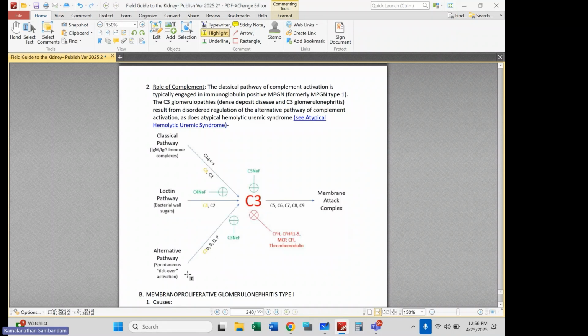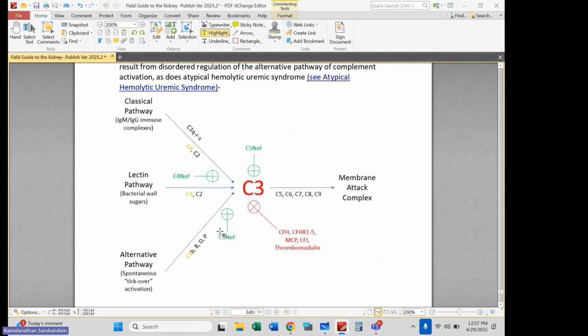So MPGN, dense deposit disease, and C3GN, subsets of MPGN, are the result of disordered alternative pathway of complement regulation. Atypical HUS is similarly the result of disordered regulation of the alternative pathway of complement activation.